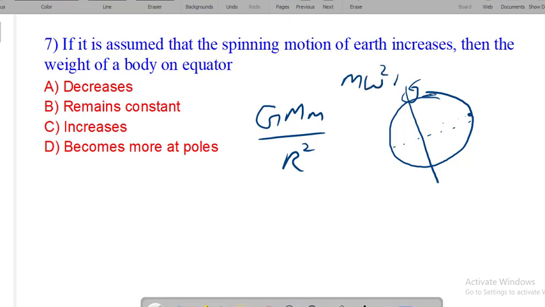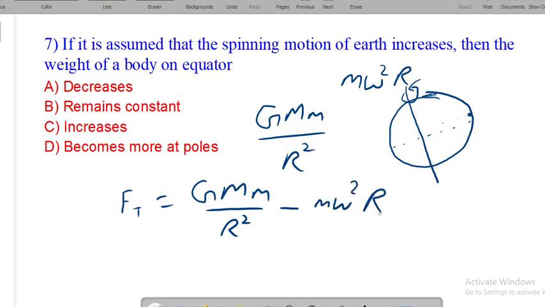m omega square r. So the net total force, okay, the total force Ft is, one is the attractive force G m upon r square, and the other is the centrifugal force, which is moving that person or that object away because of the spinning motion. This is m omega square r.